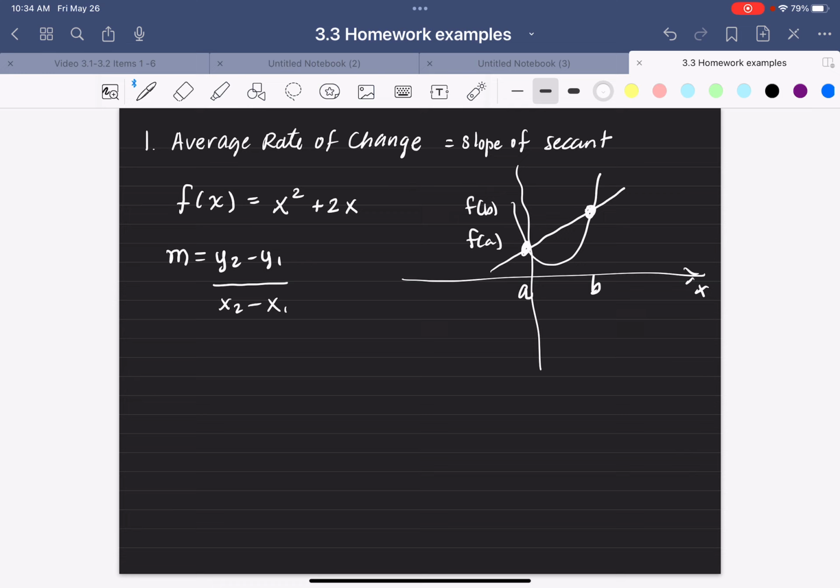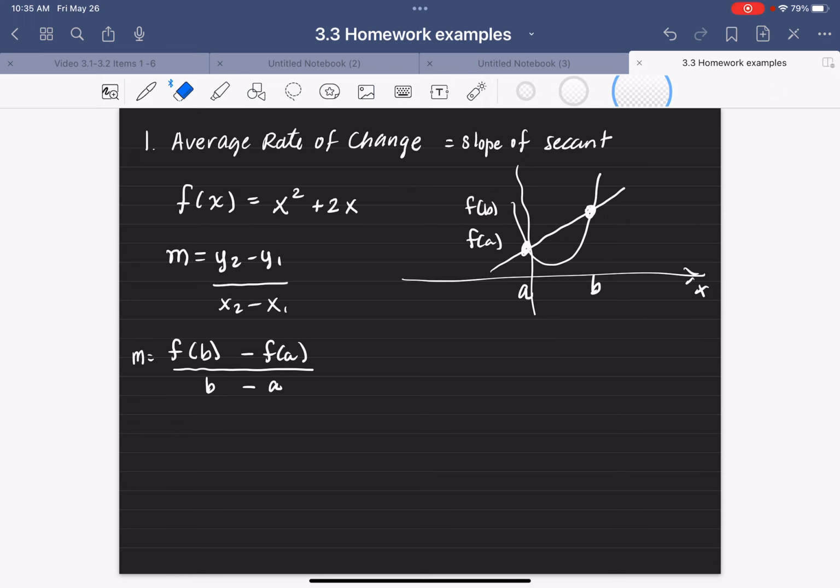So if you look at the video provided by the publisher or read your textbook, the slope's going to look like this: f of b, this is average rate of change, minus f of a over b minus a. But I don't want you to be confused. These are identical formulas, just different notation.